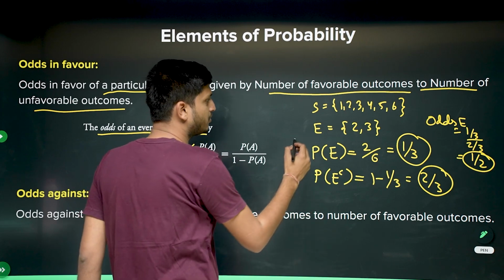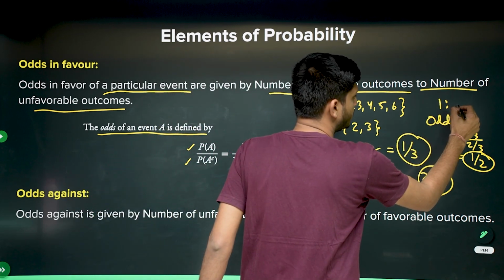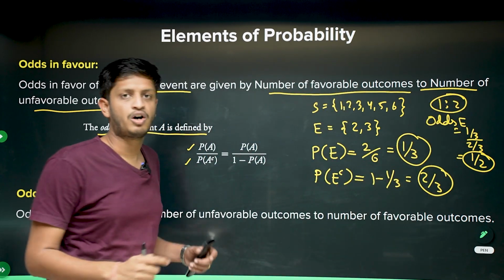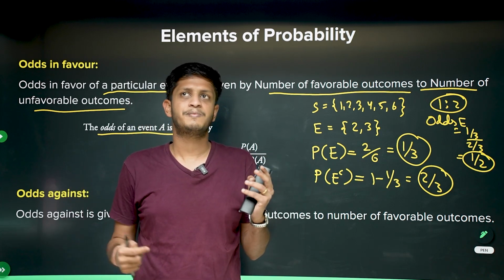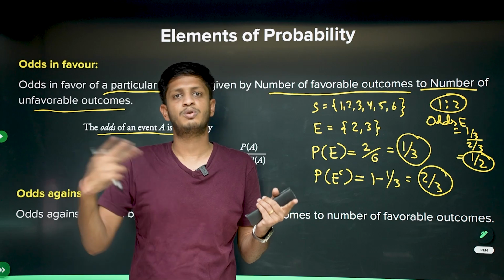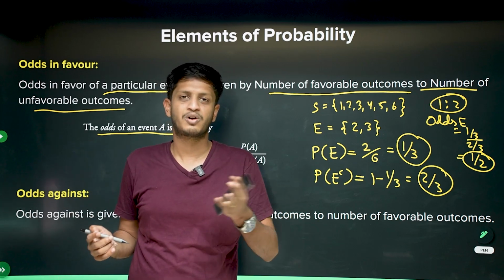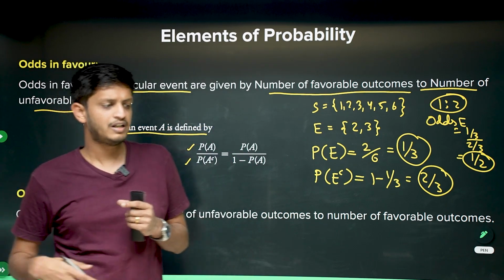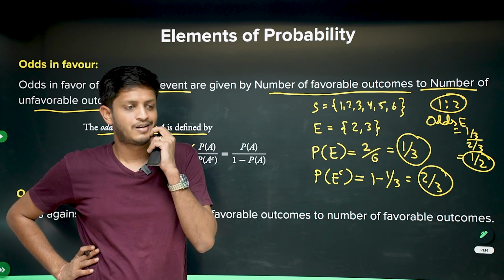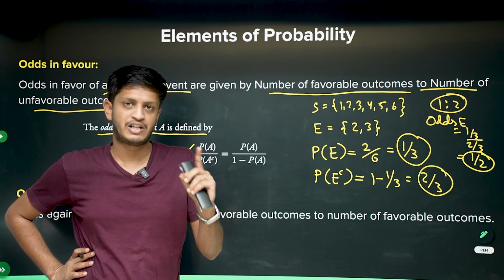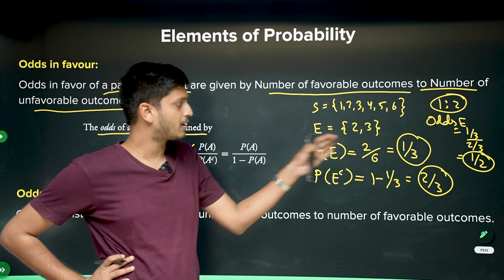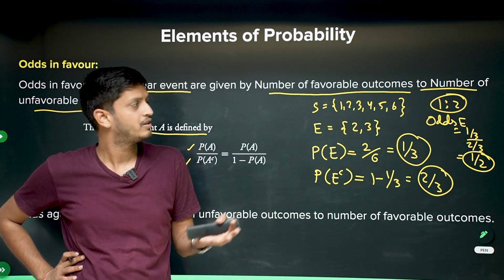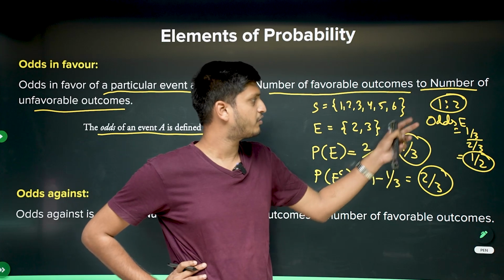So we generally denote it as 1:2. So odds in favor of E is 1:2. It means that generally speaking, 1 time it passes and 2 times it fails. That's what odds in favor mean. In a long term, if 1 time the event happens, 2 times it doesn't happen. That's what it means, right? So the odds in favor of E is 1:2.